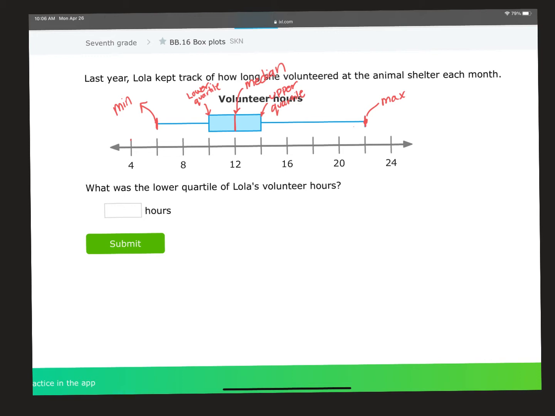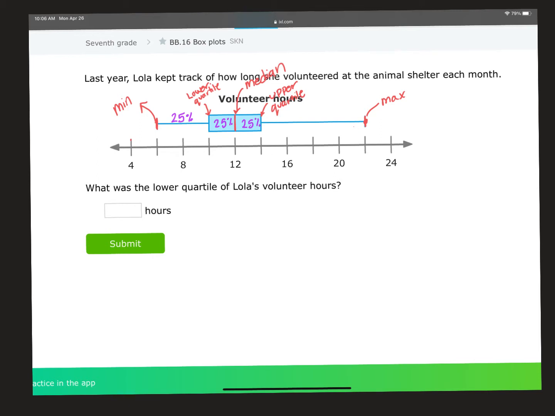Another thing that I want you to consider is that, let me write it in purple. This right here is considered 25% of the data. So from the minimum to the lower quartile, that's 25%. Then from the lower quartile to the median, that's another 25%. And then from the median to the upper quartile, that's another 25%.